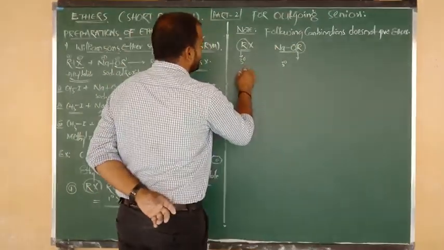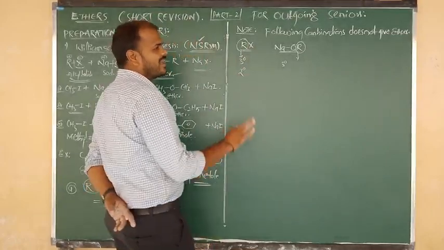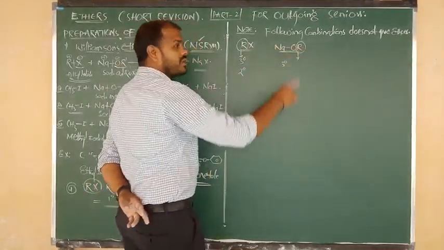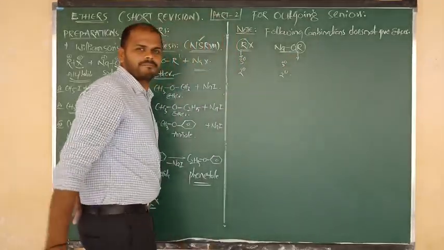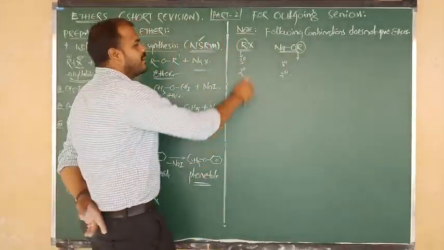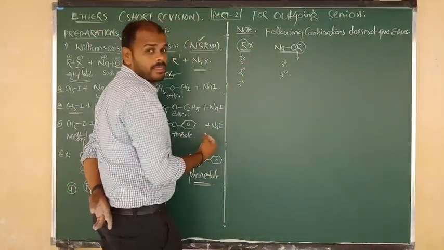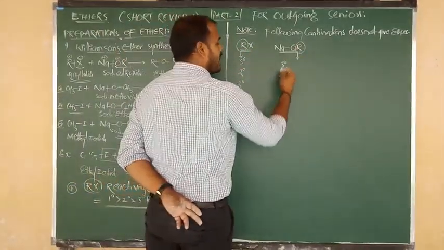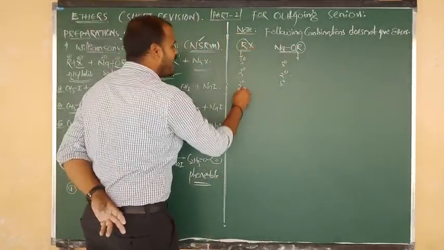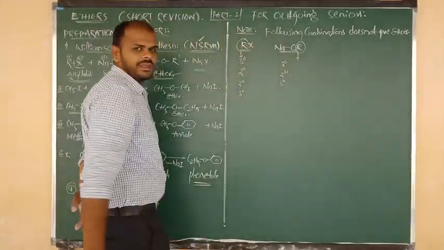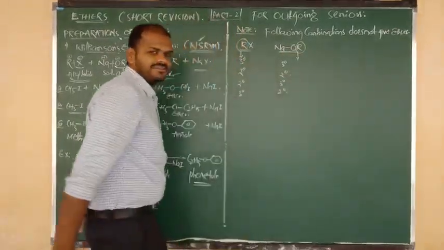Next, if the alkyl group in the alkyl halide is secondary, and in the sodium alkoxide the R group is also secondary. Next, in the alkyl halide the alkyl group is secondary, and in the sodium alkoxide the alkyl group is tertiary. And suppose in the alkyl halide the alkyl group is tertiary, and in the sodium alkoxide the alkyl group is secondary.